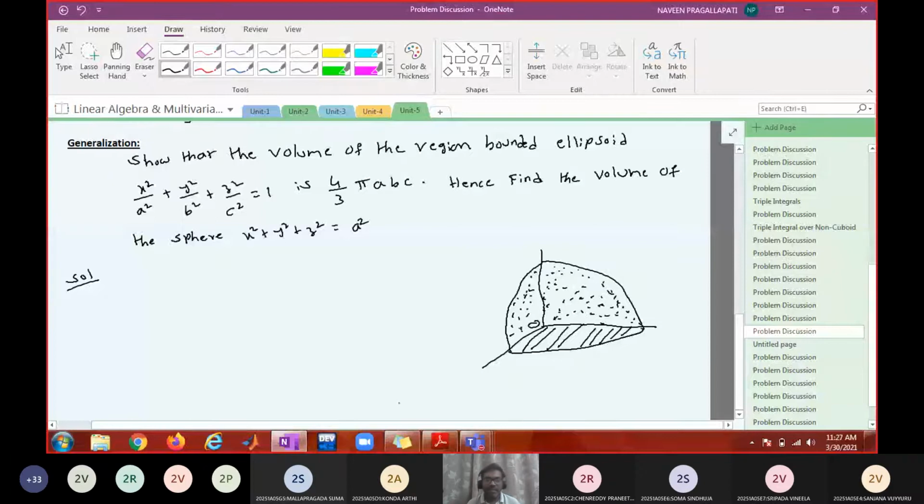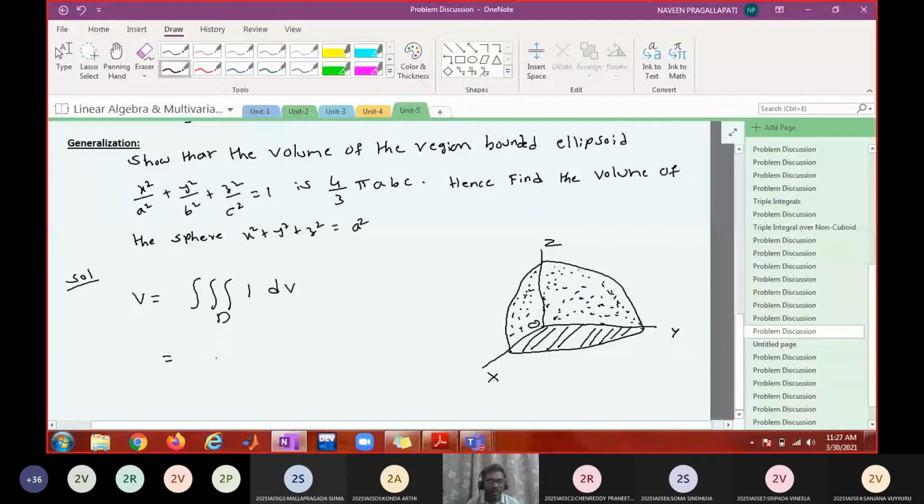So this is the x-axis, this is the y-axis, and this is the z-axis. What is the volume of the ellipsoid formula? Volume of the ellipsoid, V equal to triple integral 1 dV over the domain D. What is this domain actually?